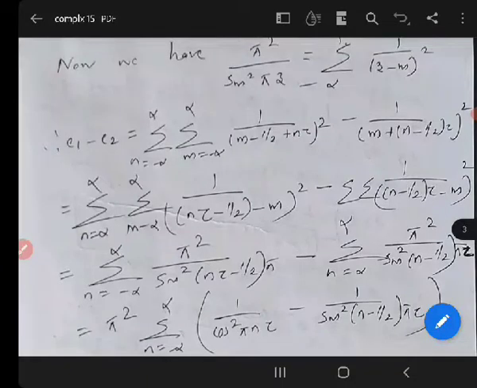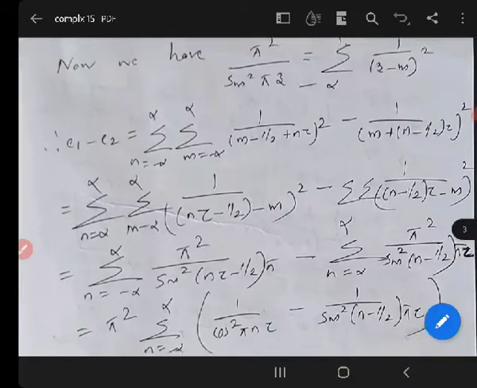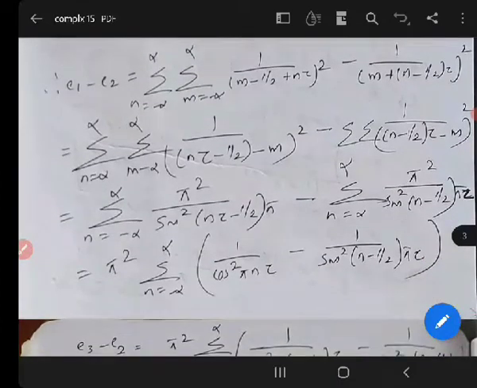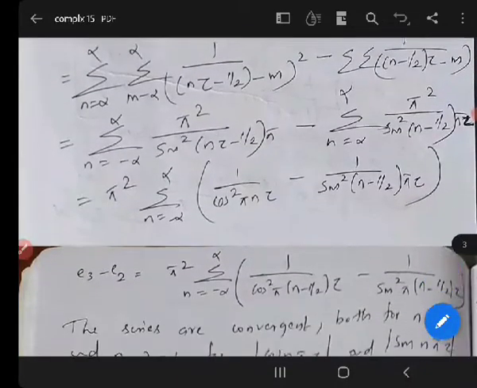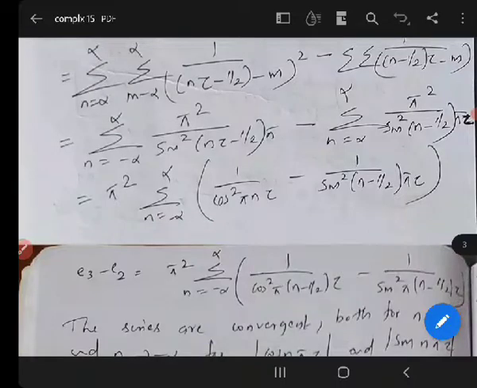So we will replace this equation using pi square by sine square pi z, so that the summation will become in terms of sine square n tau minus 1 by 2 and sine square n minus half pi z. So we can write it using the trigonometric property.